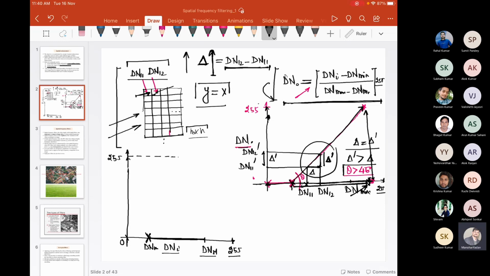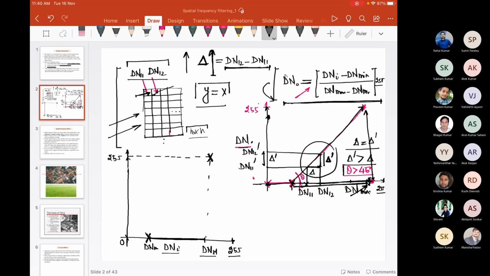If you see over here, DN max, this point is over here. So DN max to 255.